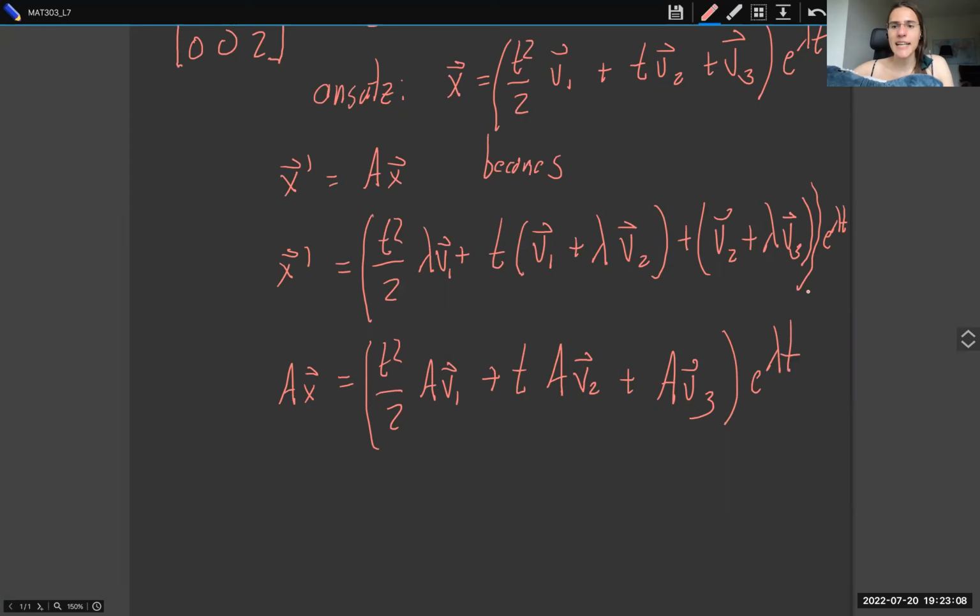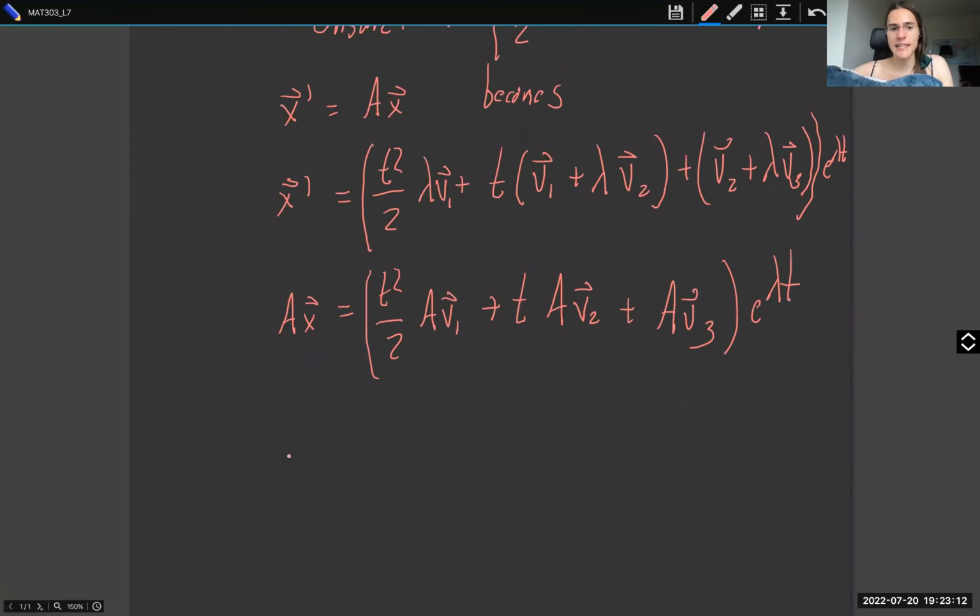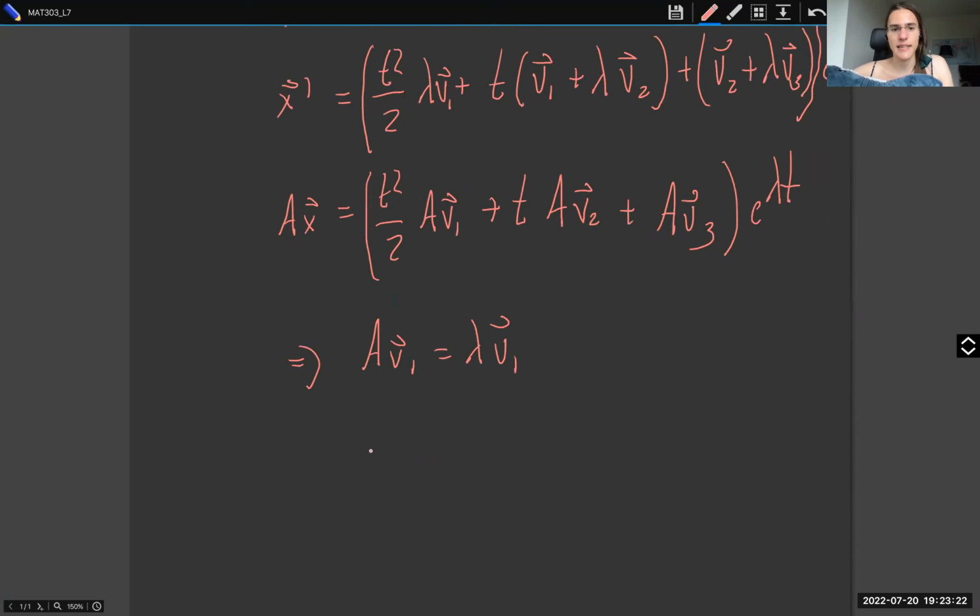So as polynomials of t, their coefficients have to be equal. So that tells us that A v1 is equal to lambda v1. Great. The next thing tells us that A v2 is equal to, let's say, lambda v2 plus v1. In other words, we can rearrange these equations to give A minus lambda I v1 is equal to 0.